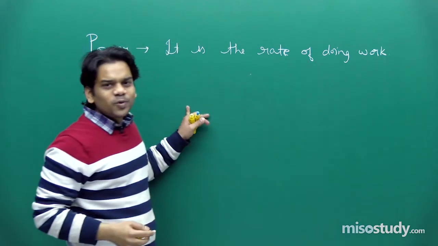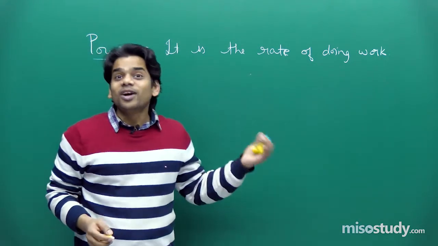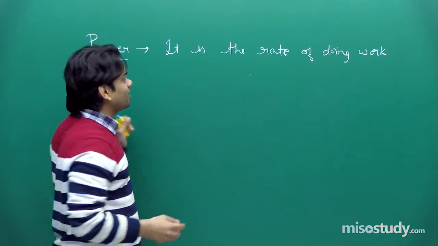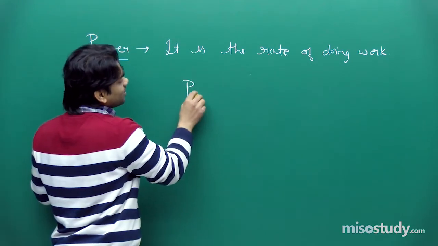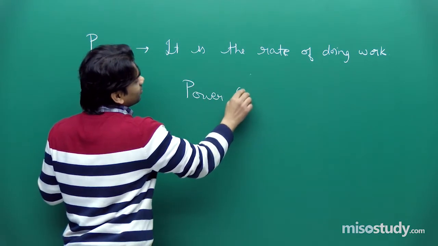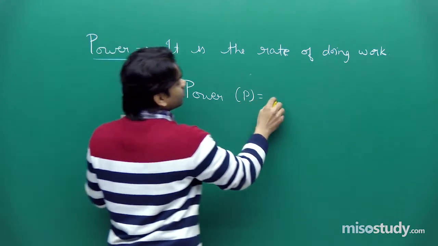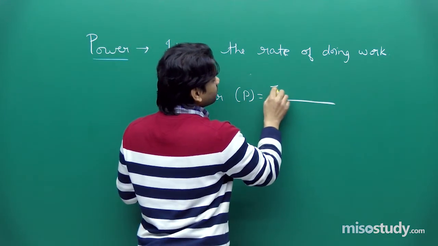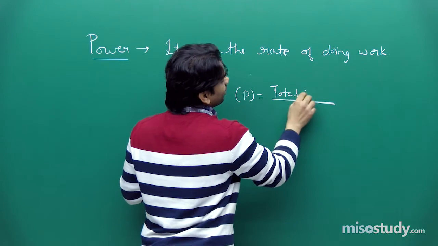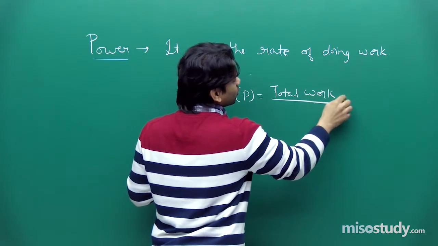Now if I say rate of doing work, that means the total work done divided by the time taken to do the work, that will be power. So in a simple equation, power P is equal to total work done divided by total time taken. Now what is total work done?